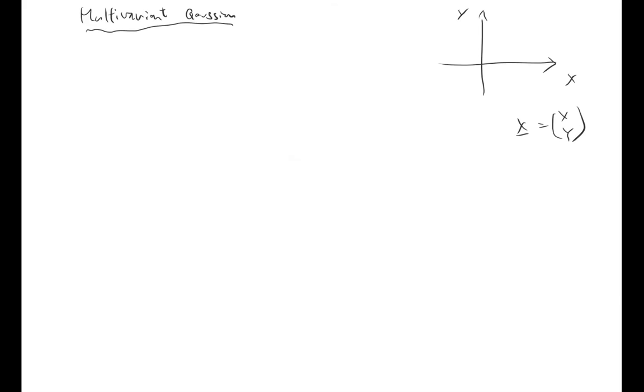I have a Gaussian, for example, where the mean is somewhere here. If I sample that distribution, I get samples like this, right? And the variance itself will be a matrix here. So actually it's known as the covariance matrix.